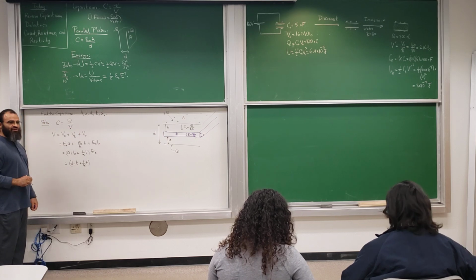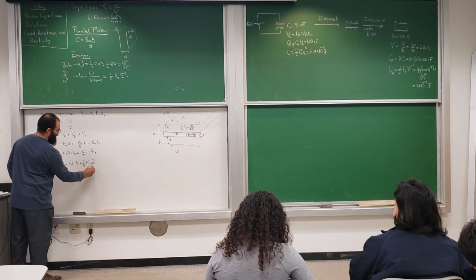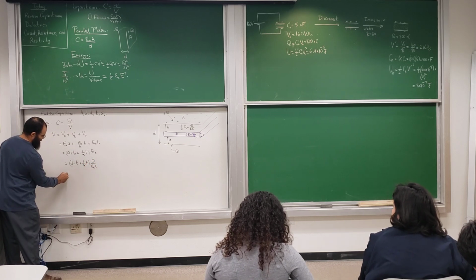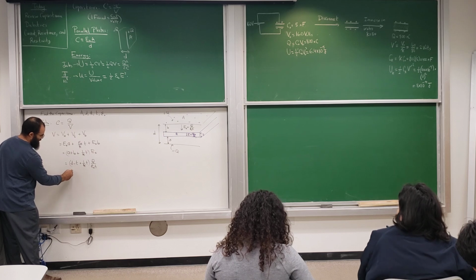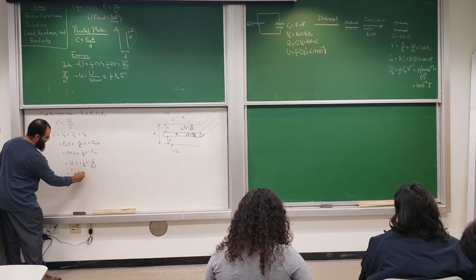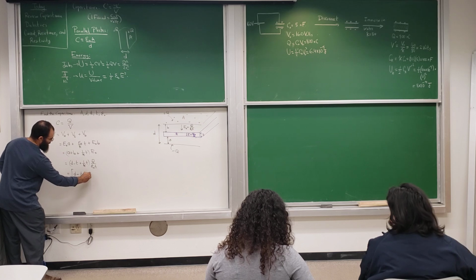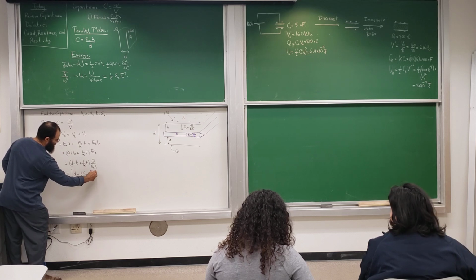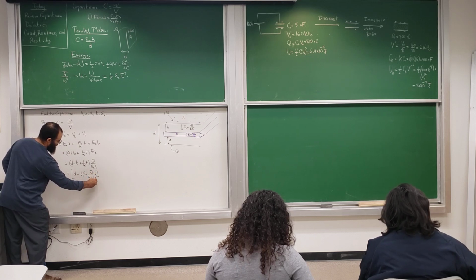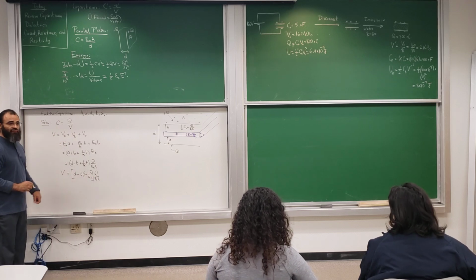Q over epsilon naught times the area. And then I would have, in square brackets, D minus, I'm going to factor T, so it would be T times 1 minus 1 over kappa. Okay, that's V, right? That's the potential difference.